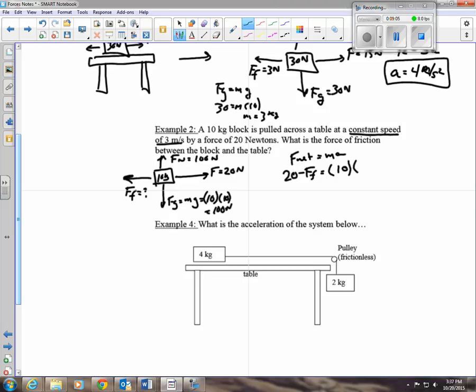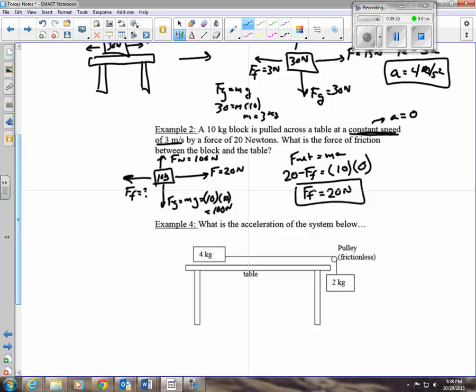And then I have to figure out what the acceleration is. Now, the trick to this one is it's a constant speed of 3. I don't want to use that 3 in there. That's not the acceleration. That's the speed. A constant speed tells me the acceleration is 0. So I can put 0 in there for the acceleration. And if I solve it, I get F equals 20 newtons.